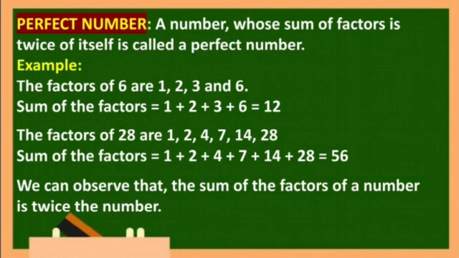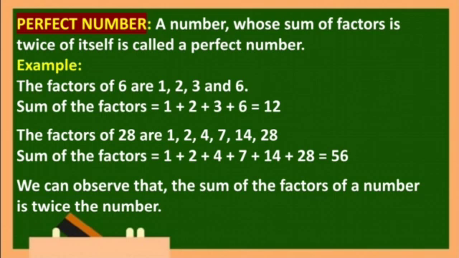Let's understand with another example. If we take the factors of 28, they are 1, 2, 4, 7, 14 and 28. The sum of the factors is equal to 1 plus 2 plus 4 plus 7 plus 14 plus 28, which is equal to 56. 56 is twice 28.